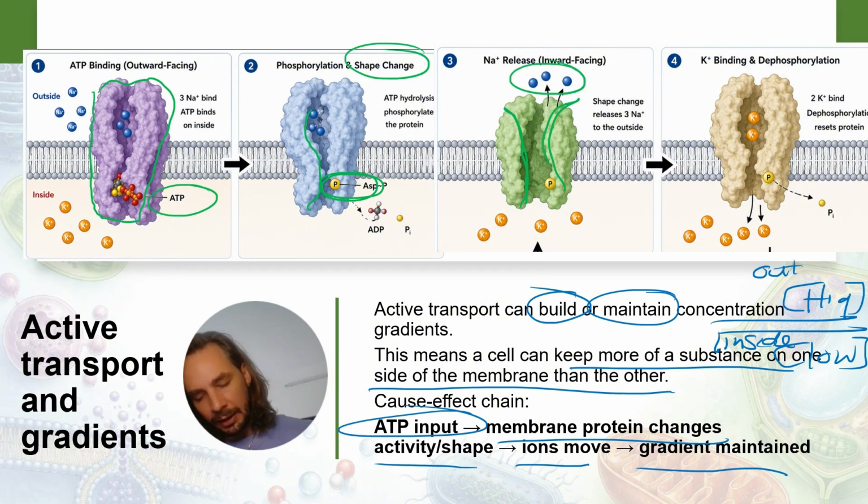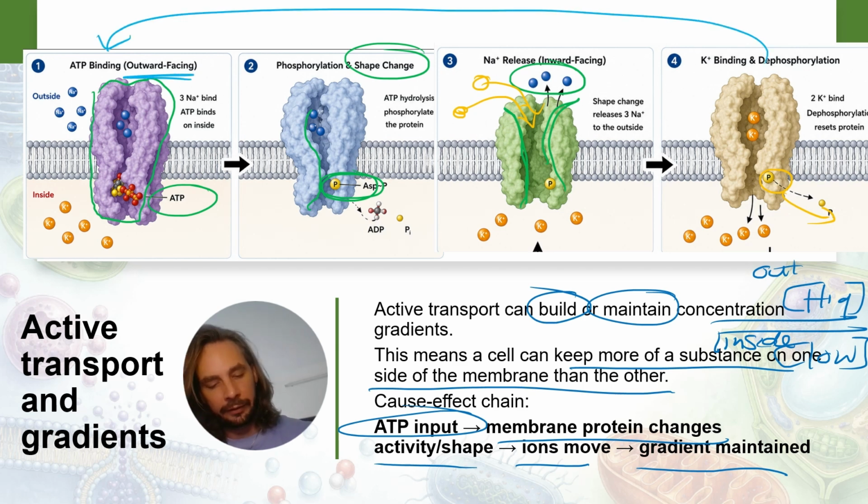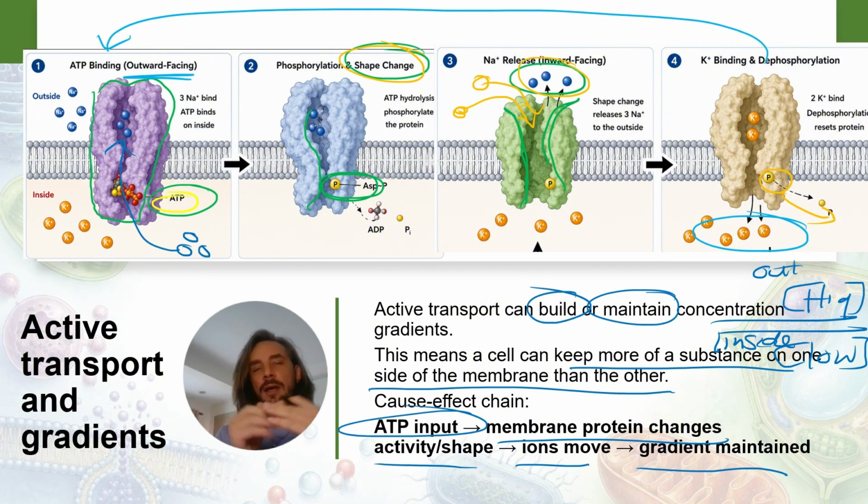Now, once it opens up to the outside, these potassium ions can come in, and once the phosphate is removed, it will change its shape back to downward facing, and it will release those potassium ions, and then it will accept 3 sodium ions again, and will pay the price with ATP. It will change the shape and release them to the outside, so every time ATP binds, the shape changes.